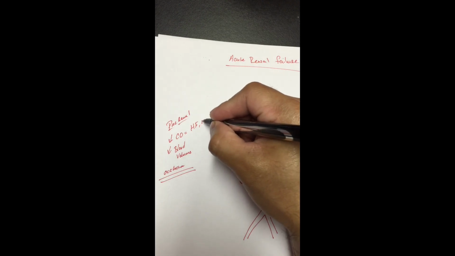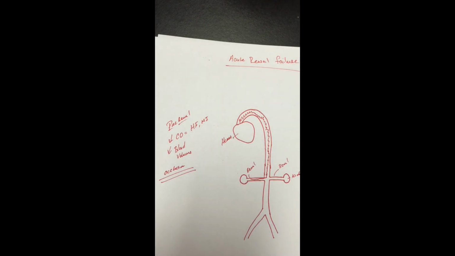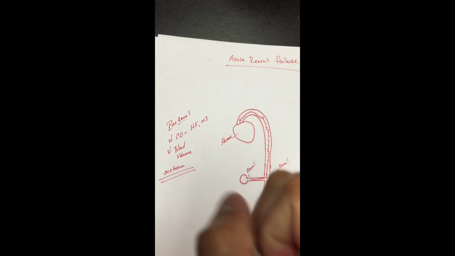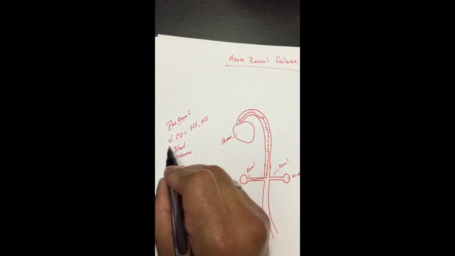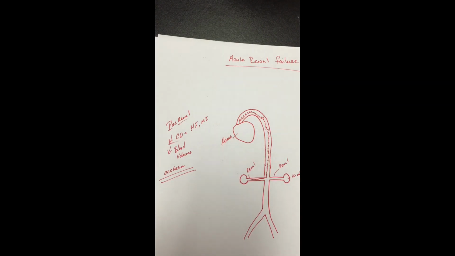Or maybe this patient suffered from an MI, myocardial infarction, had a heart attack. Now, the heart isn't able to contract, it's not able to pump like it should. Therefore, there will be decreased cardiac output, meaning there will be a decreased amount of blood supply throughout the body.